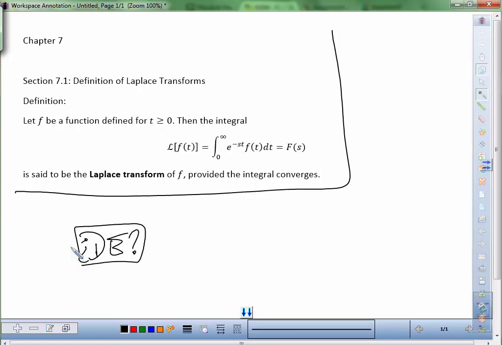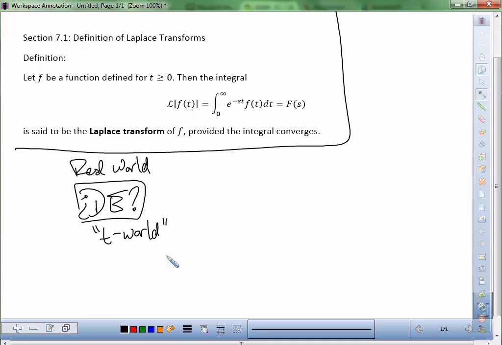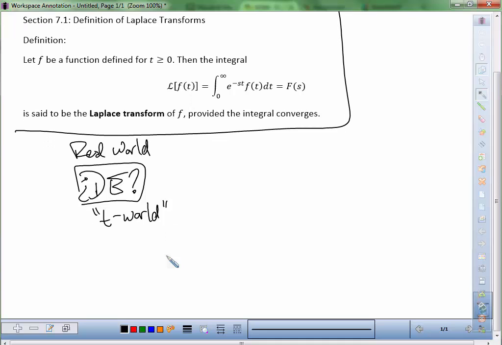So we have a differential equation problem that we're solving. And where we are here is we can imagine ourselves in the t world. Let's just say it's called t world because we're doing stuff with respect to time.